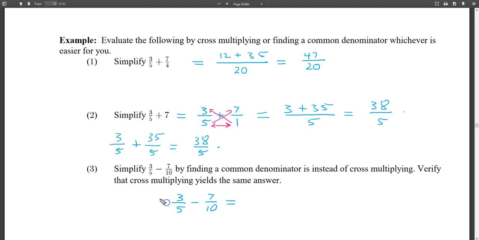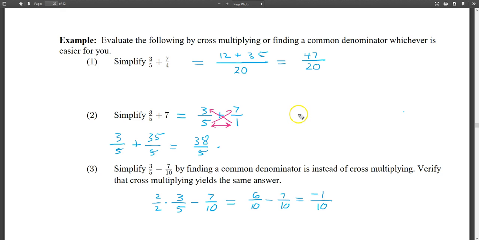We can multiply the 3/5 by 2 over 2 to make the denominator common with 10 here. So this would be 6 over 10 minus 7 over 10. And you get 6 minus 7 is going to be -1 divided by 10. And that's your answer.